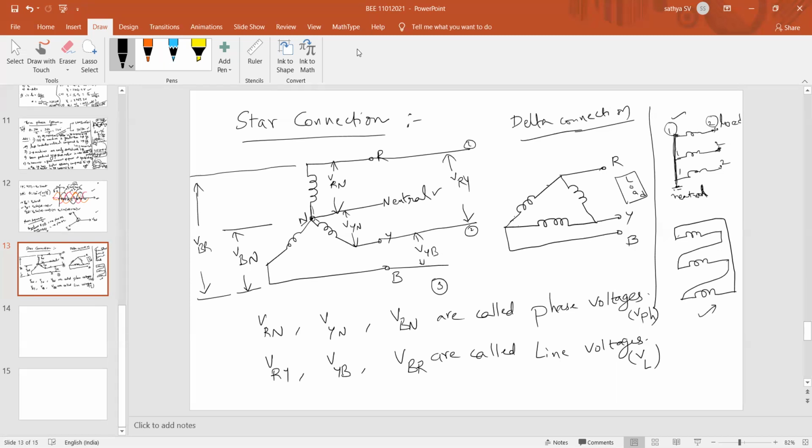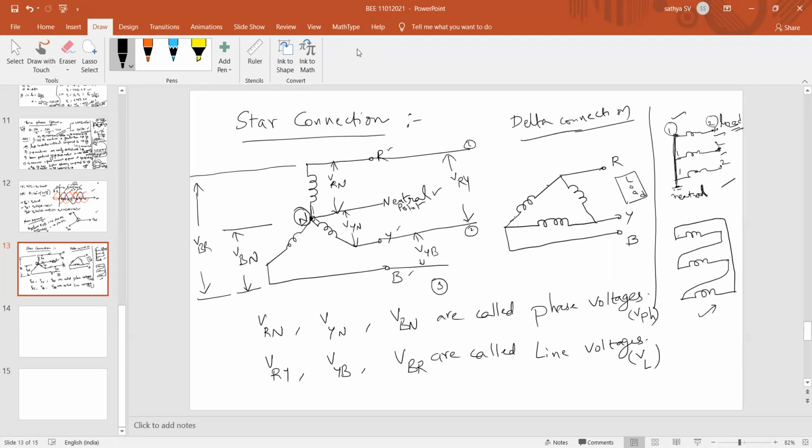That common point I am calling a neutral point, represented by capital N. So the definition is nothing but: the star connection is obtained by joining all the similar ends together and the remaining ends will be connected to your load. The remaining ends means this R, Y, B. These remaining ends are connected to the load, right? That is our star connection.